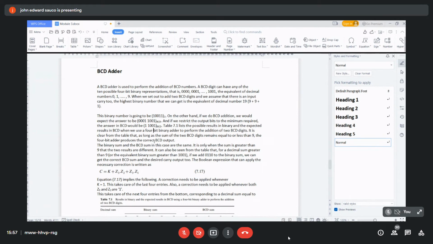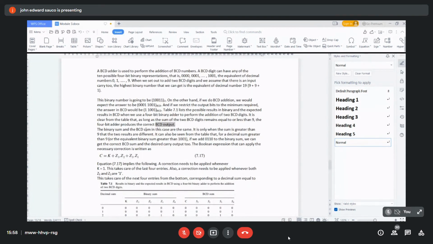So it is clear from the table that as long as the sum of the two BCD digits remains equal to or less than 9, the 4-bit adder produces the correct BCD output. So hanggat less than or equal to 9, the 4-bit adder produces the correct BCD output.